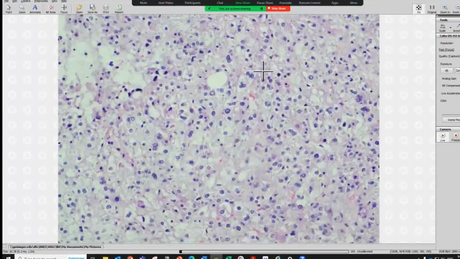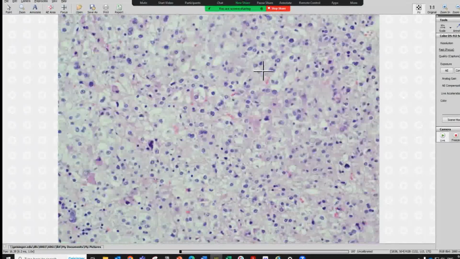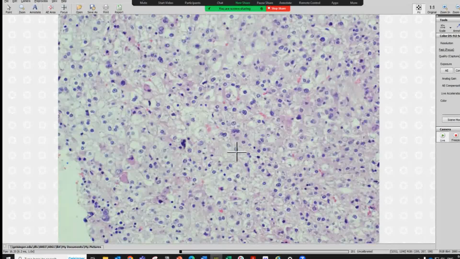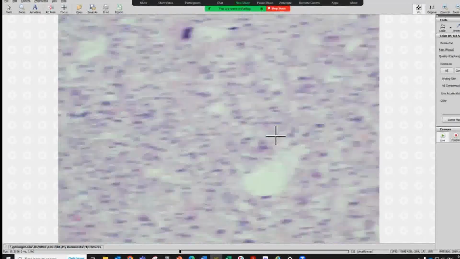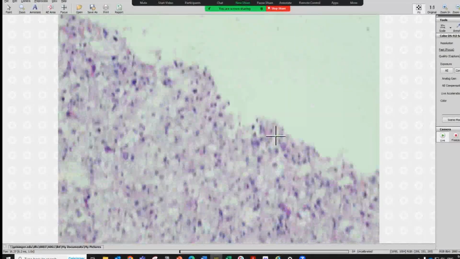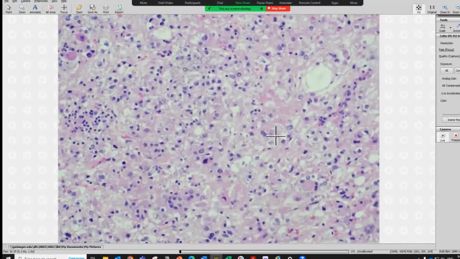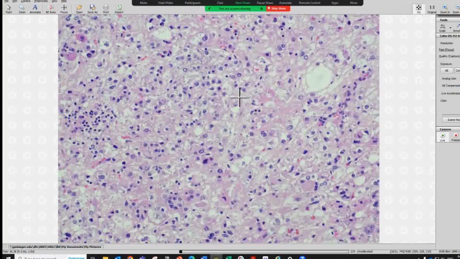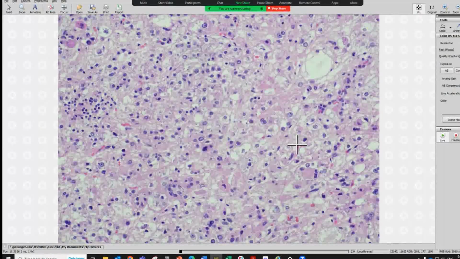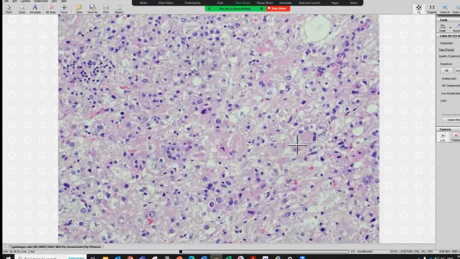So let's try to find some area. Yeah, you can see the cells are really pleomorphic. But these cells also show this vacuole-like structure in the cytoplasm, but not like clear cells. The cytoplasm is not totally clear.